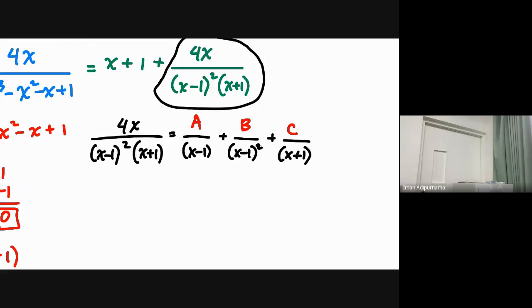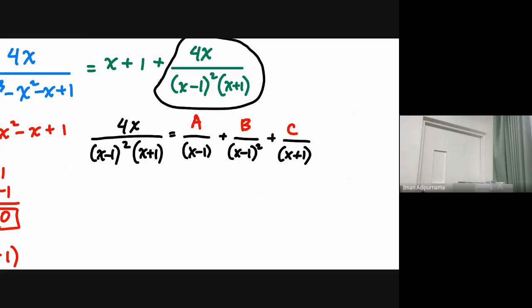After you get A, B, C, you plug in the numbers, you integrate, and don't forget we still have the x plus 1 to be integrated. So you need to integrate x plus 1 and then the whole thing with ABC here, and that will be the final answer. And don't forget to add the constant at the very end.